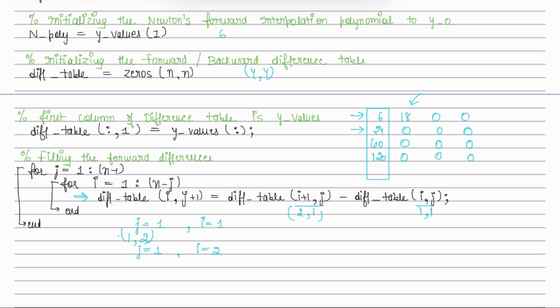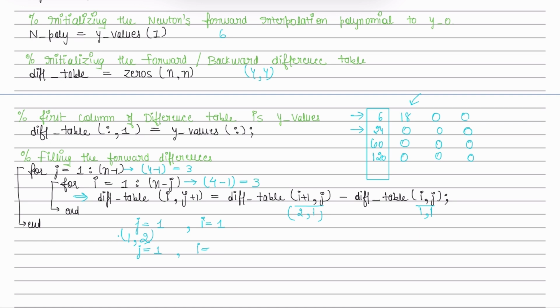After that, the value of j will be the same, but the value of i is updated to 2. We also need to note that the j loop runs till 4 minus 1, that is 3, and the i loop runs till 4 minus j, and currently j is 1, so that is 3.